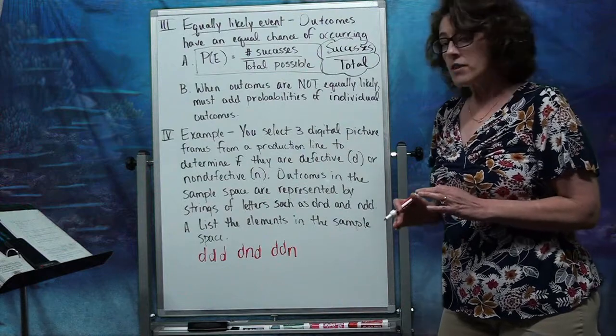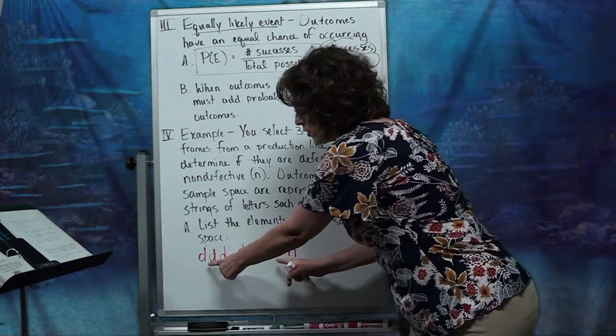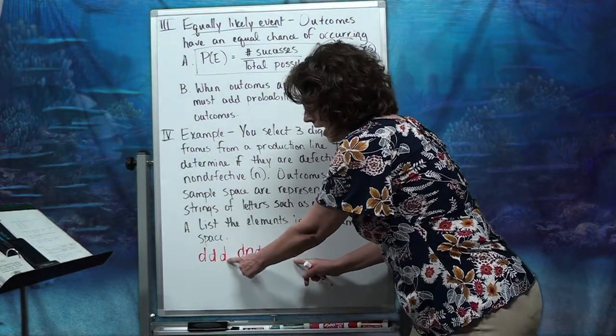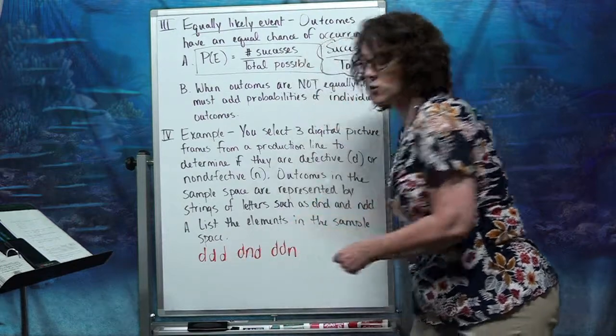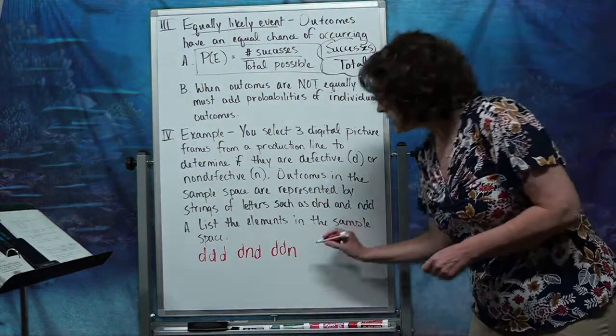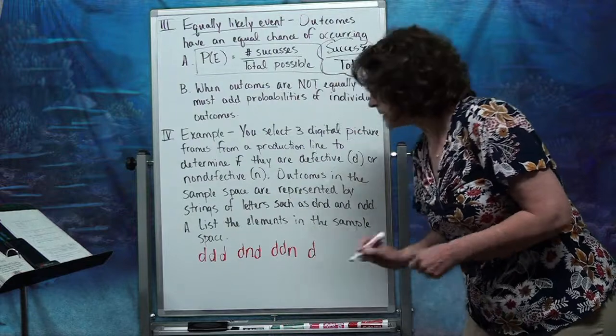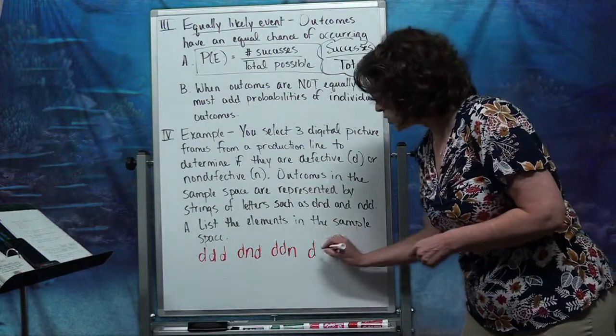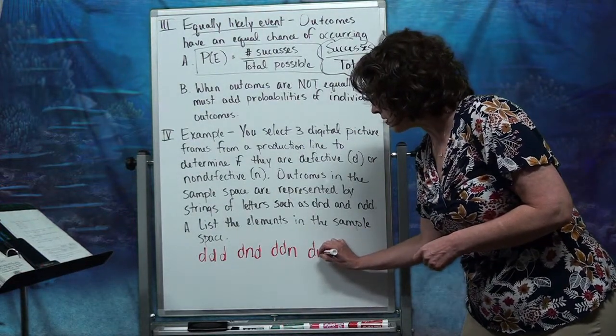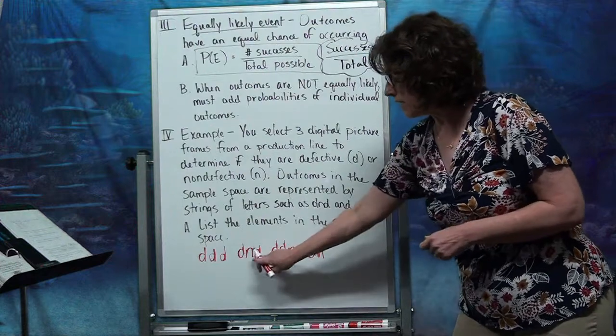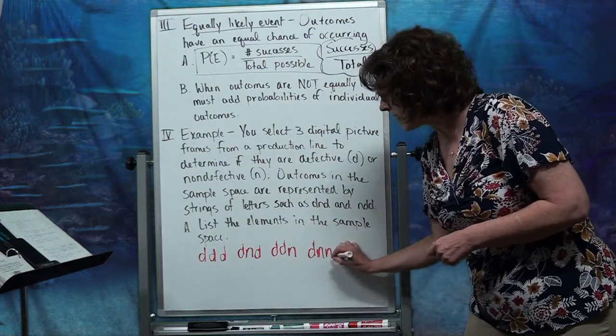So what I've done here is I've exhausted all the options where the first 2 are defective, with the last one being defective and the last one not being defective. So let's say that I go with that first one being defective, and now I switch that second one to being not defective, like I have here, but that last one is also not defective.